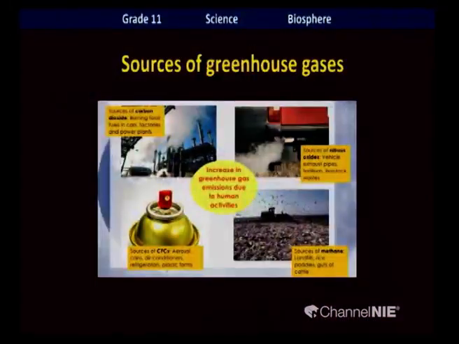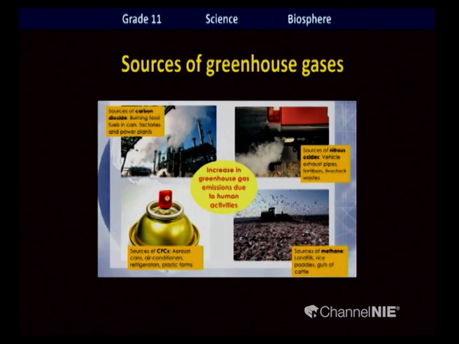Next, let's see what the sources of these greenhouse gases are, from where they are released. You can see in this picture industrial effluents, the factories, releasing carbon dioxide, a greenhouse gas. Even in developed countries as well as in Sri Lanka, a large quantity of coal is burned in thermal power stations to generate electricity. When burning coal, a large quantity of CO2 gas is released to the atmosphere.